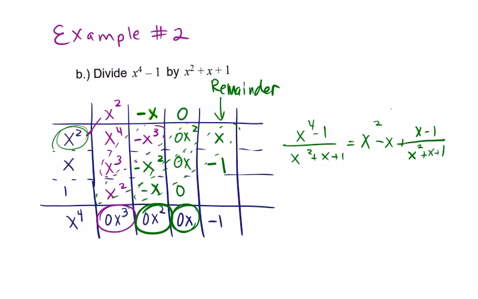So in this case, our remainder is a linear expression because our denominator is a quadratic. Your remainder should always have a lower degree in the numerator than in the denominator.